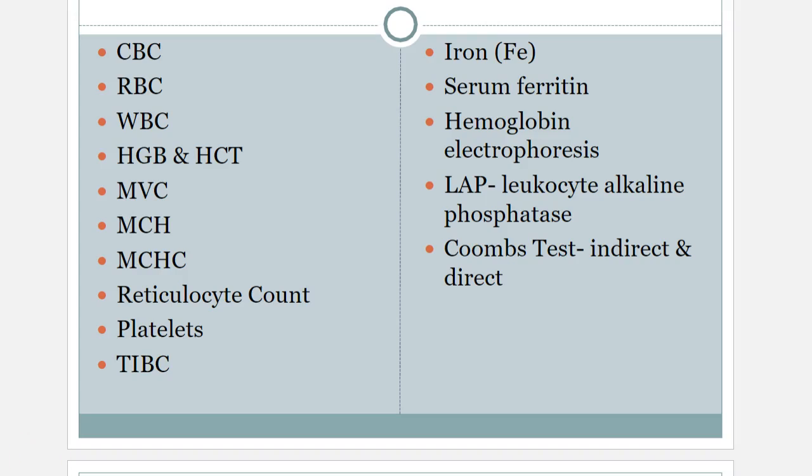When we talk about MCV, and this one right here should be MCV, not MVC, it stands for mean corpuscular volume, and what that refers to is just looking at the size of the cell, okay?